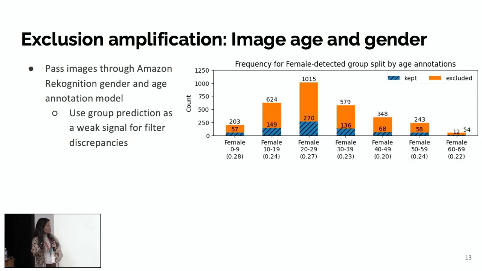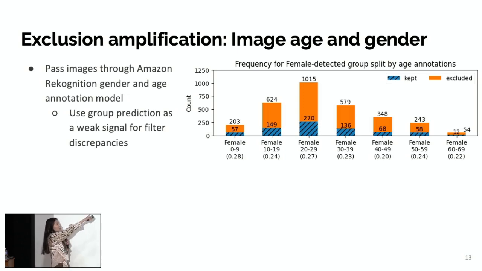So in this graph on the right, we look at images that contain a single detected face that is predicted by Rekognition to be female. Note here we're using the Rekognition labels of female and male, even though they typically refer to sex rather than gender. In this bar graph, each bar represents a different age group, and then we plot the frequency when split by whether it is kept by the CLIP filter in blue or excluded in orange.